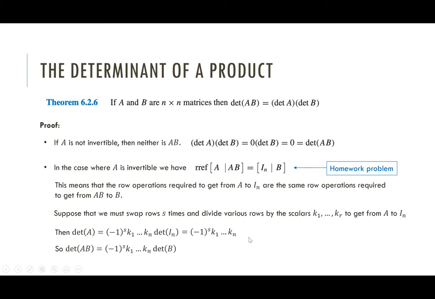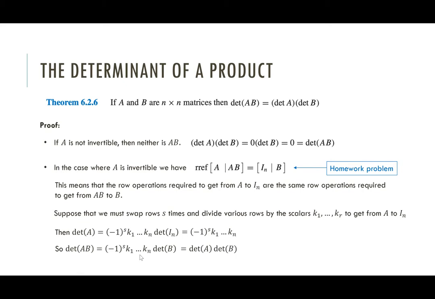So okay, now let's think about what's the determinant of AB. Well, since the row swaps and dividing by scalars are the same in going from A to the identity as in going from AB to B, then we have that the determinant of AB is just minus 1 raised to the row swaps times these scalars times the determinant of B. And then we notice, this right here, that's the determinant of A. And so there we have it.